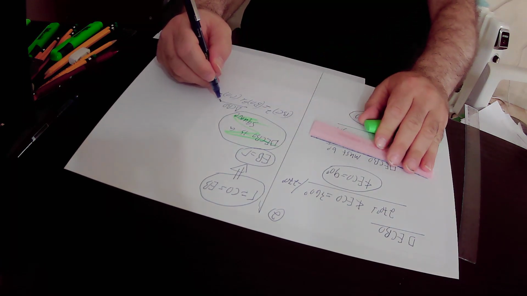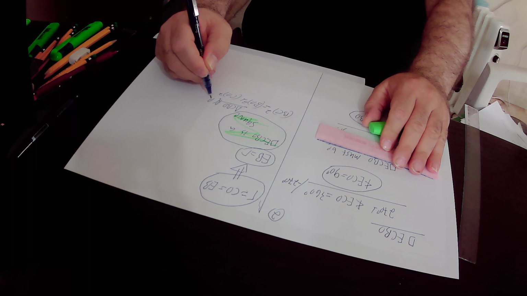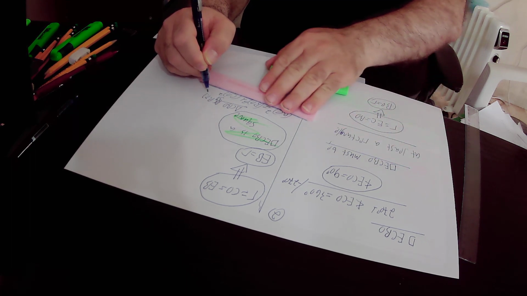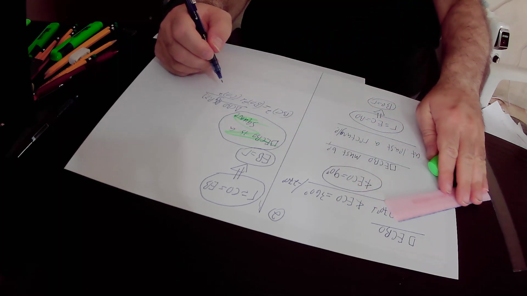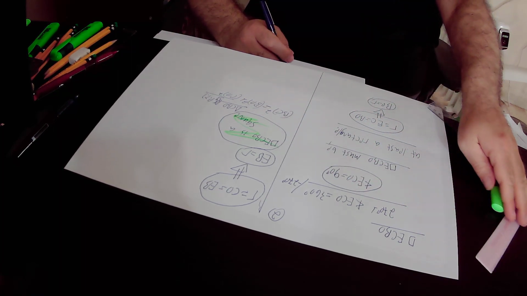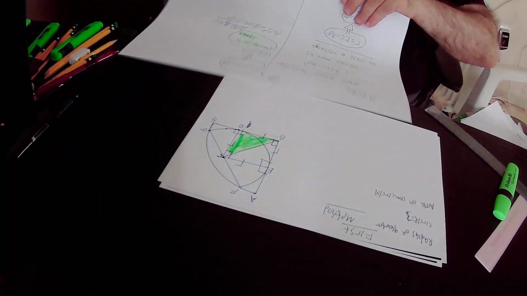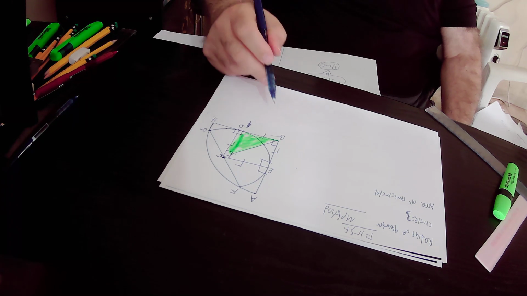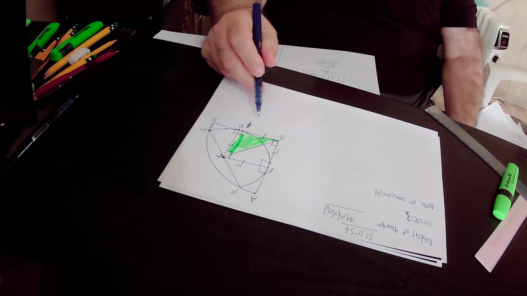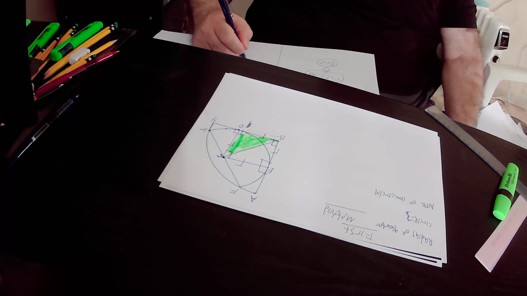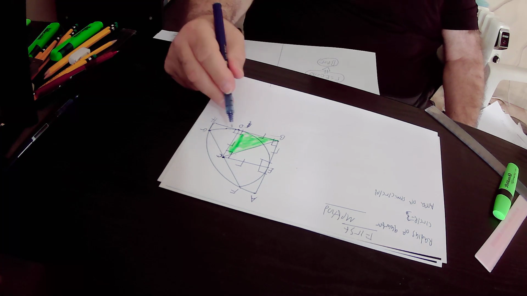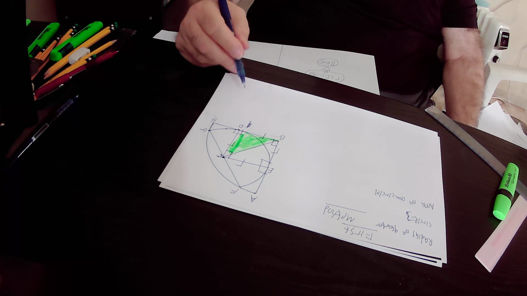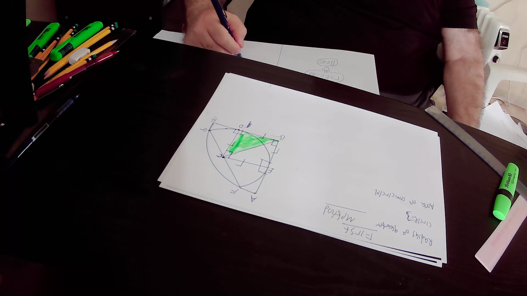By Pythagoras theorem. PT is the abbreviation for Pythagoras theorem. So BC square equals BO square plus CO square. BO is R, so BO square is R square, plus CO square. CO equals R, so CO square will be equal to R square.